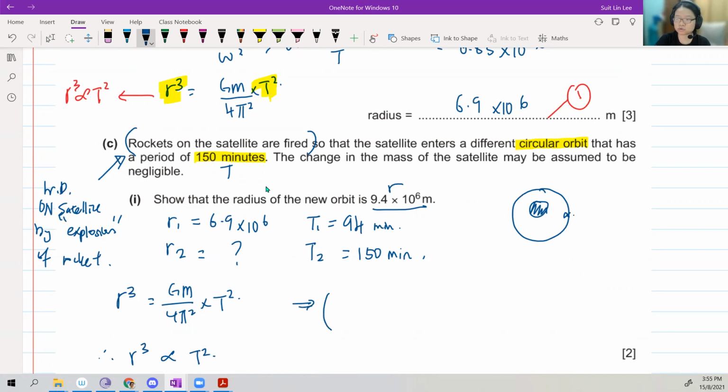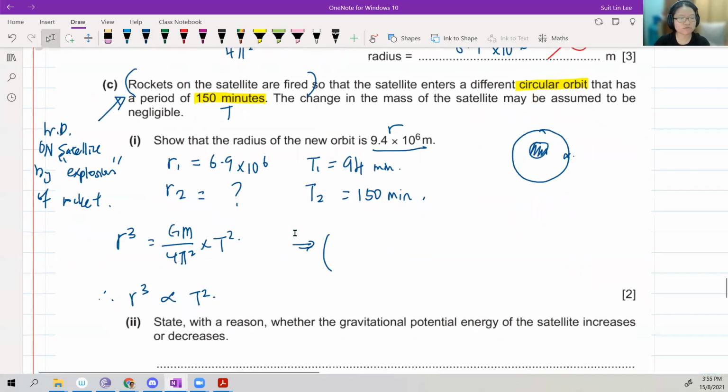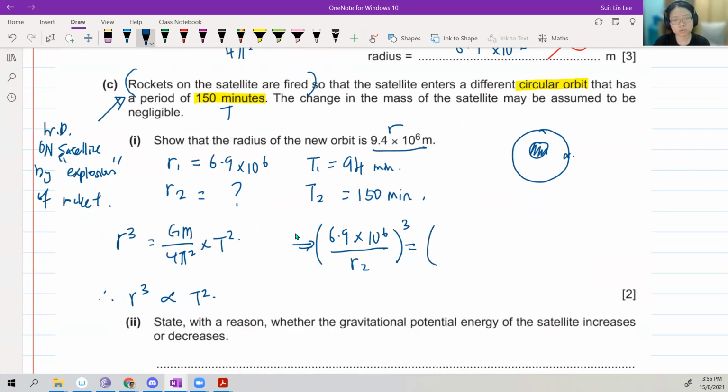Then it is possible to write something along the lines of R1 cubed over R2 cubed, or 6.9 times 10 to the power of 6 over R2 to the power 3, will be equal to 94 over 150 to the power 2. You don't have to convert this to seconds because if you convert on top, you convert below. If it's multiplication, they cancel out.